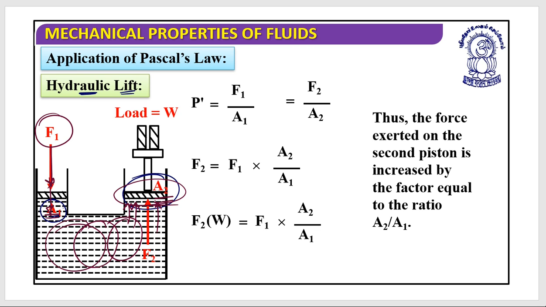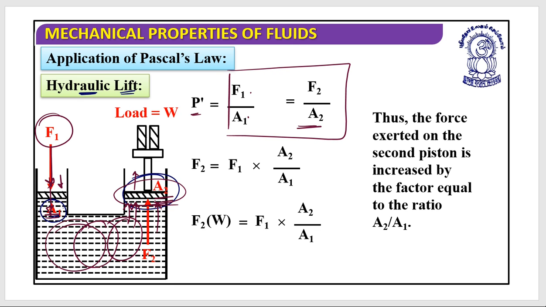If this is the case, what I understand is that the pressure applied from this side has been 100% transmitted over here. So I can write the pressure: F1 by A1 should be equal to F2 by A2.